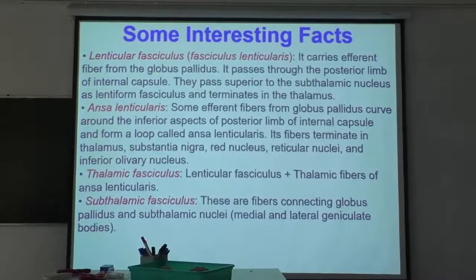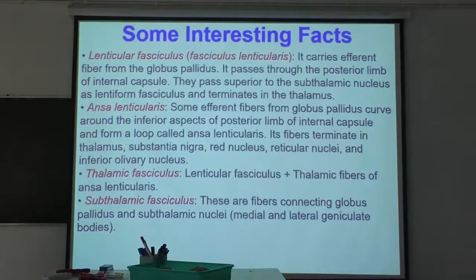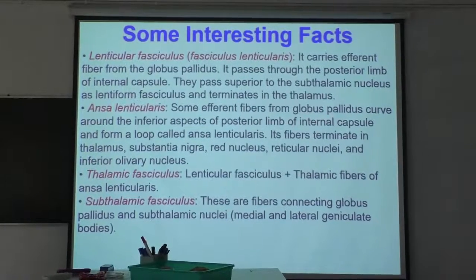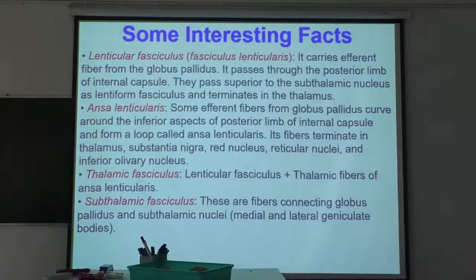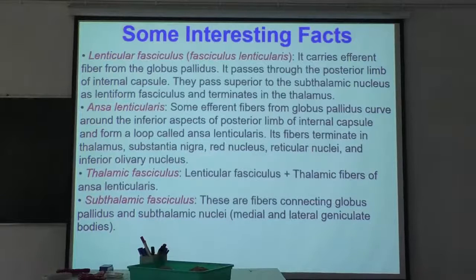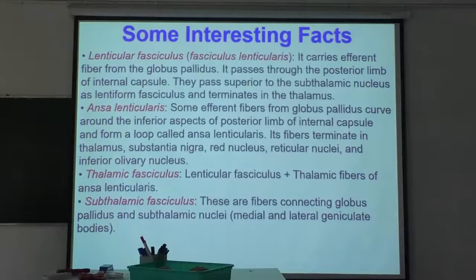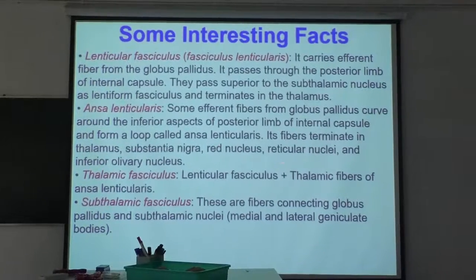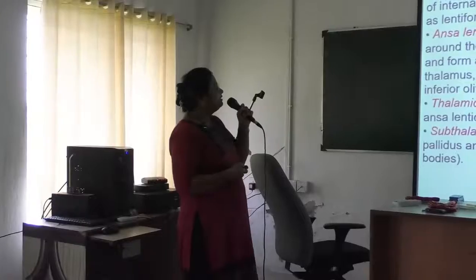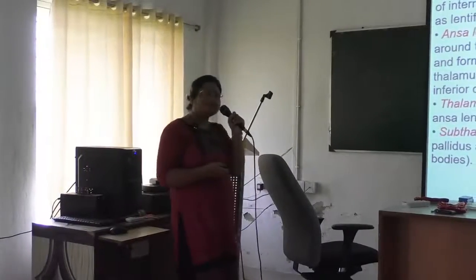Ansa lenticularis, some efferent fibers from globus pallidus curve around the inferior aspect of posterior limb of internal capsule and form a loop called ansa lenticularis, and its fibers terminate in thalamus, substantia nigra, red nucleus, reticular nuclei, and inferior olivary nucleus.